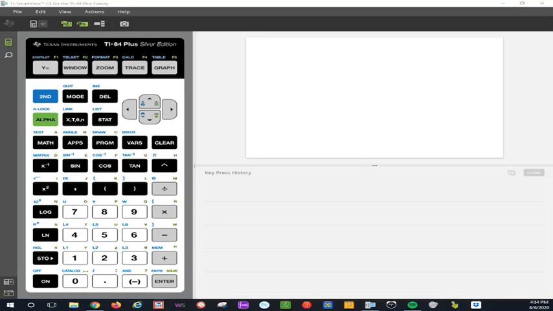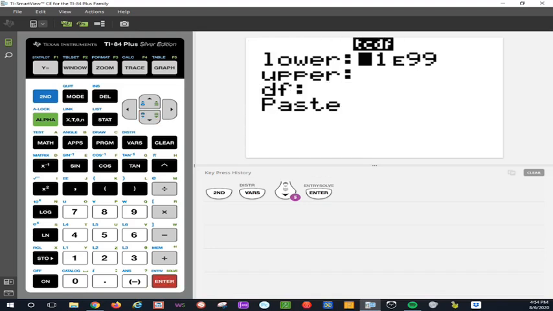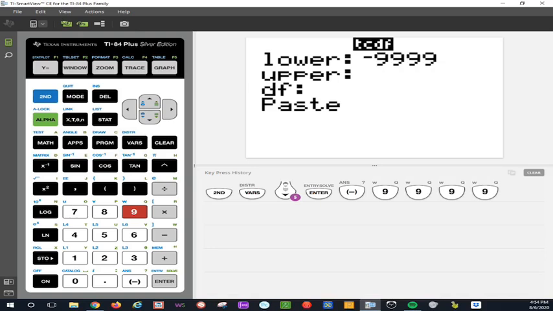All right, so we go to second verse. You will see option 6, right? TCDF. And then it will ask you for a lower bound, which is negative infinity. Let's put a negative 9999999.